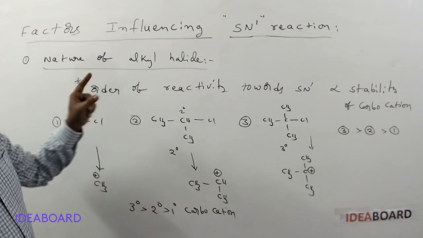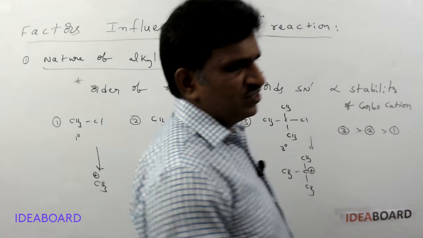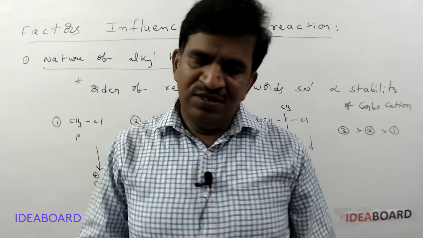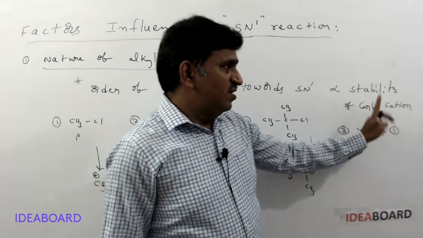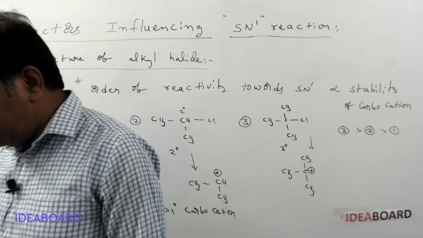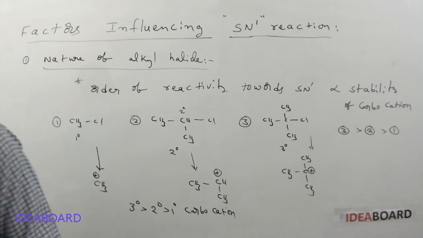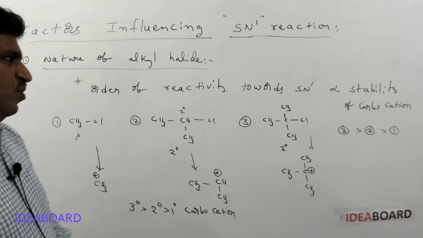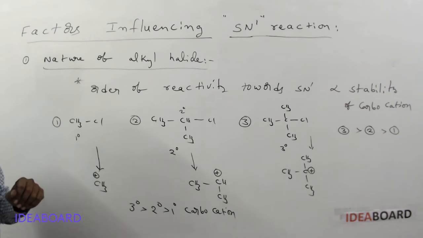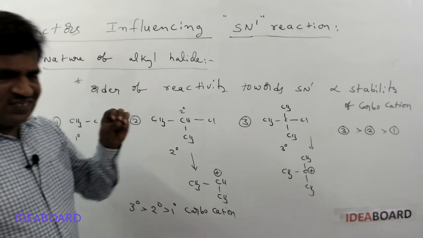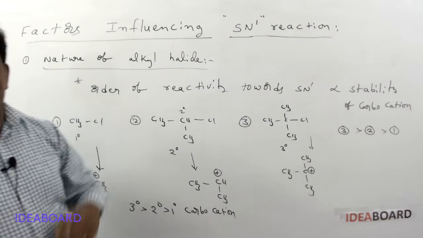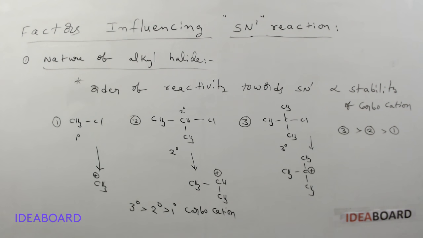Very important thing, please remember: whenever you are checking whether a compound undergoes SN1 reaction or not, first check the stability of the carbocation. If the carbocation formed by that compound is more stable, then it has more reactivity towards SN1. That is the first point. So we say tertiary alkyl halides undergo SN1 because they form a more stable carbocation.